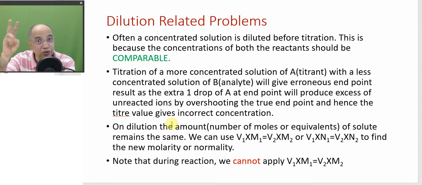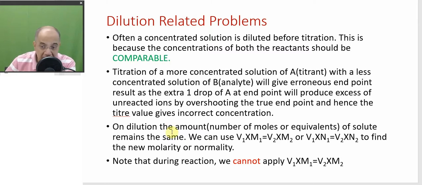Therefore, the two solutions should be dilute, and the two solutions should have comparable, not exactly identical, concentration. Say if it is N by 10, say 1.05 N by 10, it can be 0.9, 0.8 N by 10. So they should be comparable. Then only the titer value will give you a more or less accurate concentration, normality.